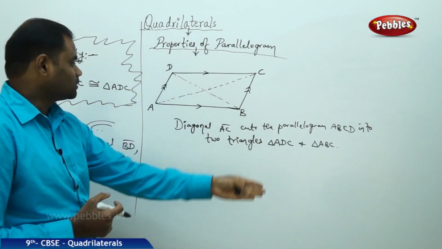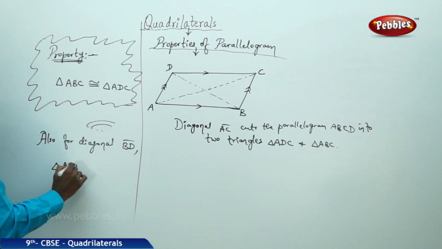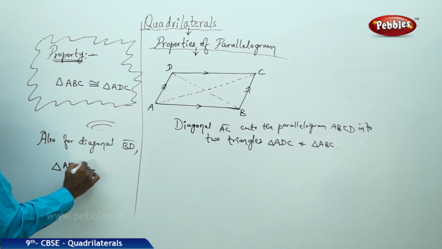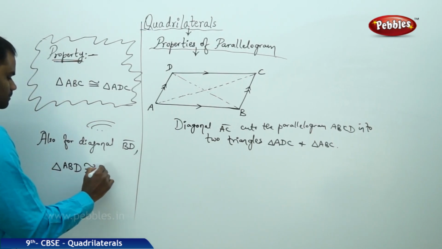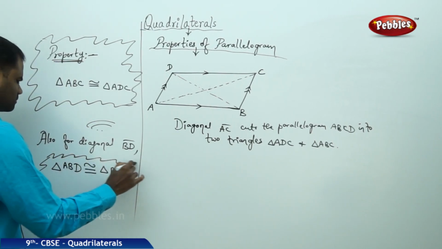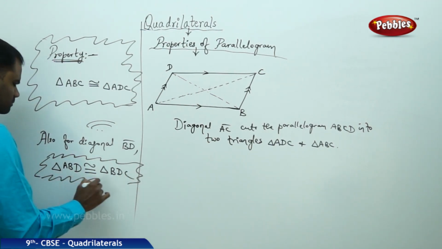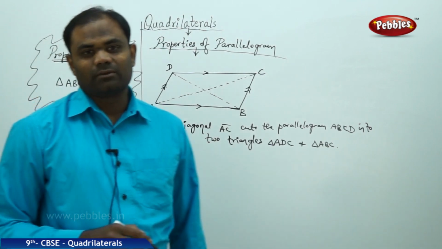If I take the second diagonal, triangle ABD is also said to be congruent to triangle BDC. This is how we understand the property of a parallelogram.